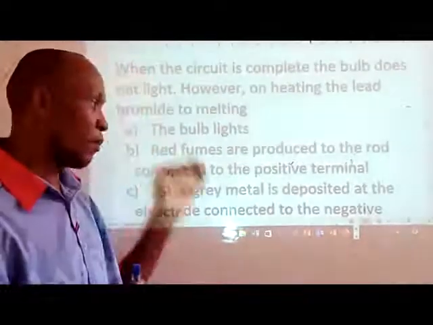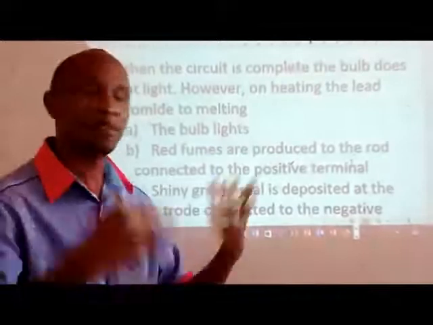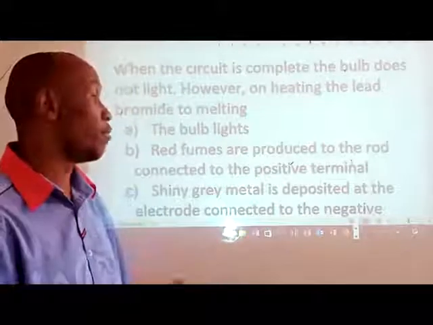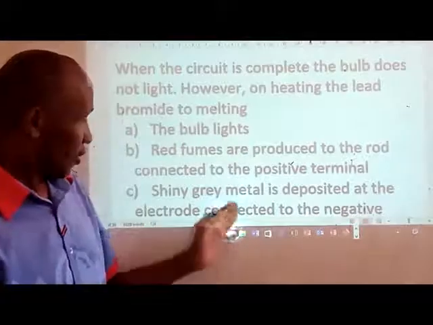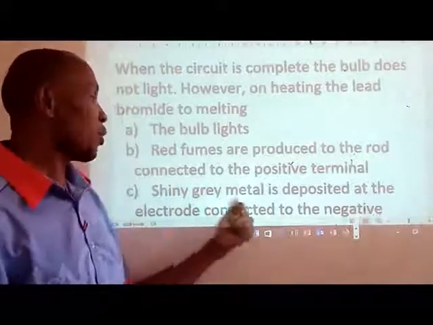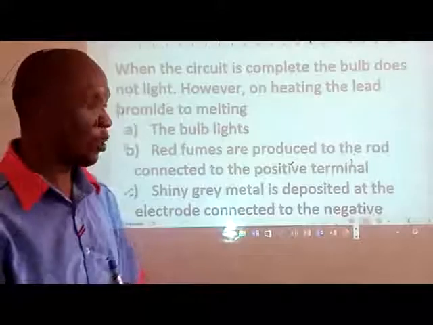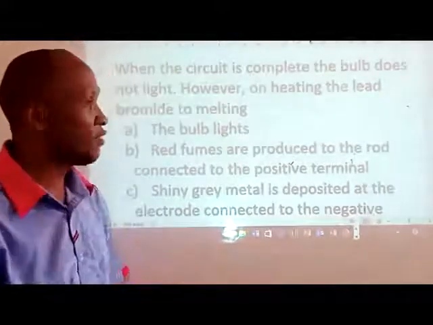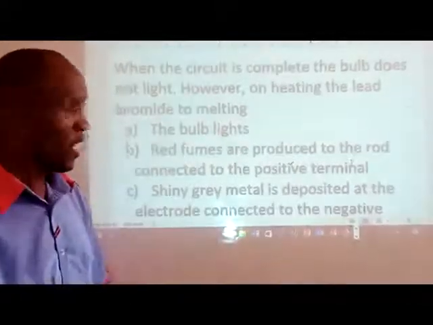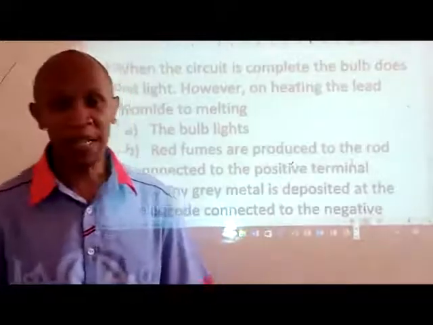We used to call them grey beads, but we no longer talk of beads. So just talk of a grey metal deposited on the rod that is connected to the negative terminal. Let us try to explain that.